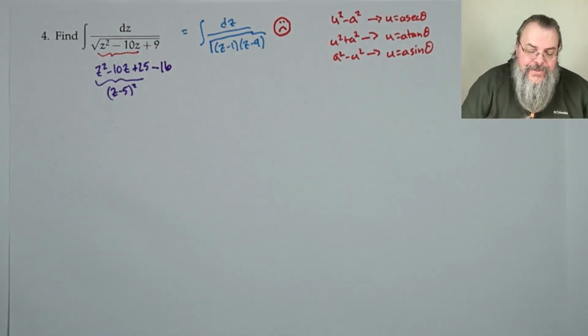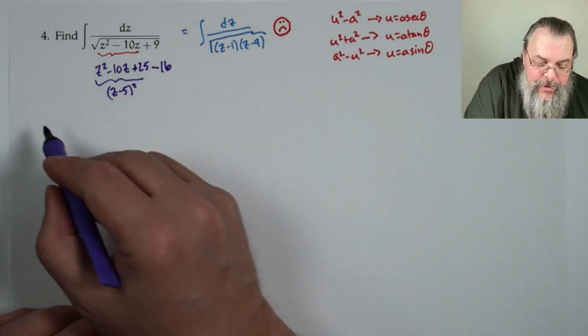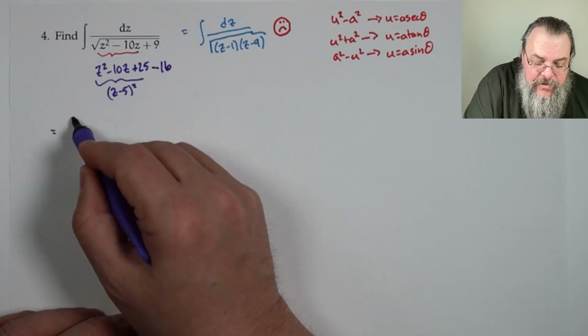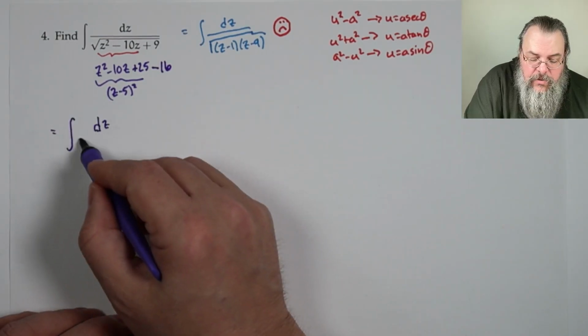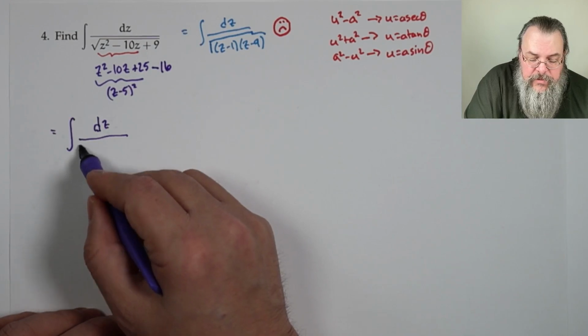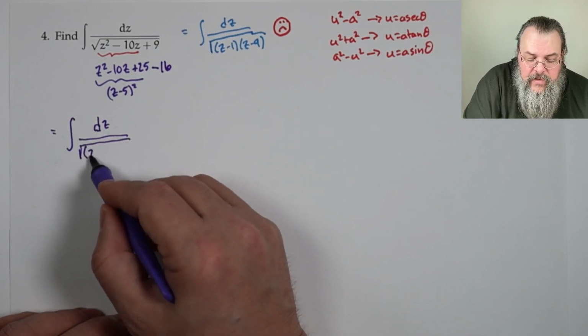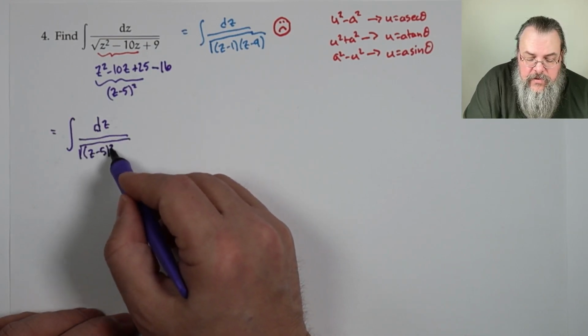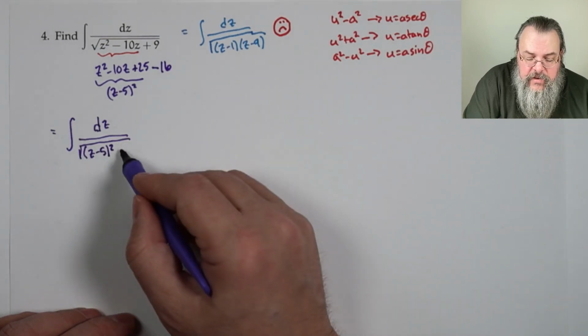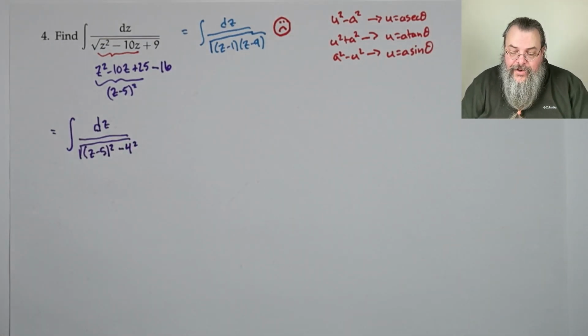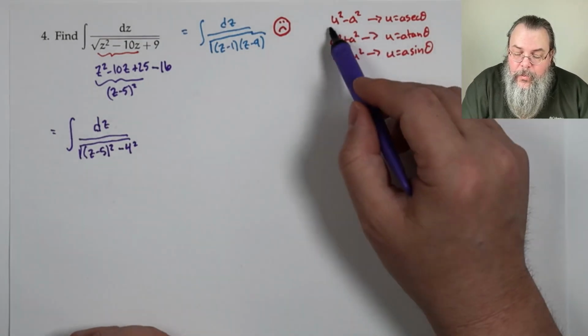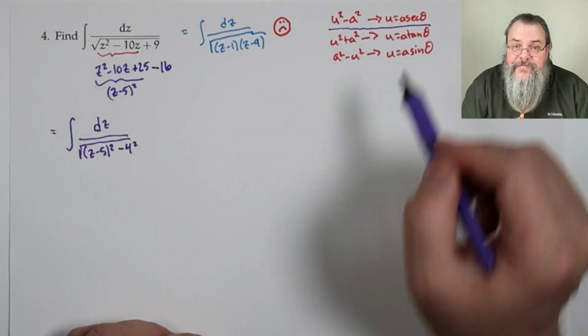Okay, so what do we really have? Well, what we really have is that this is the integral of dz over the square root of z minus 5 quantity squared, and then minus 16 we'll write as 4 squared. So we're in that form.